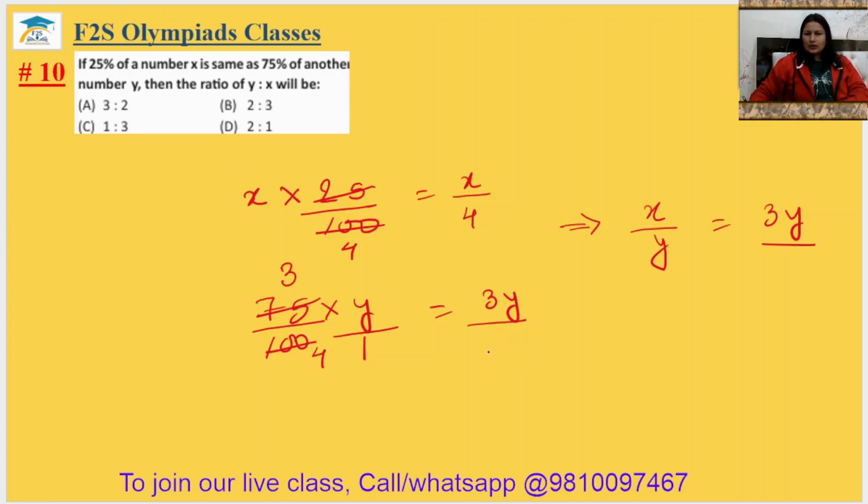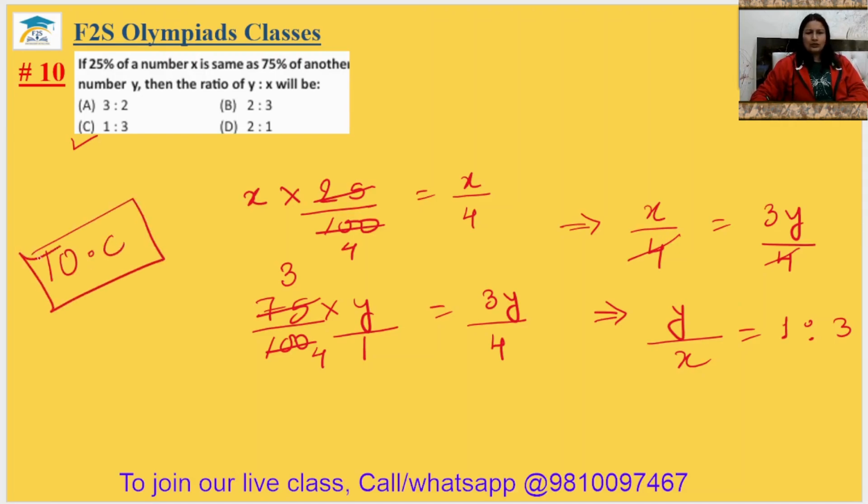This implies 4 cancels out. So y is to x equals 1 is to 3. It is in option C. So the 10th answer will be option C.